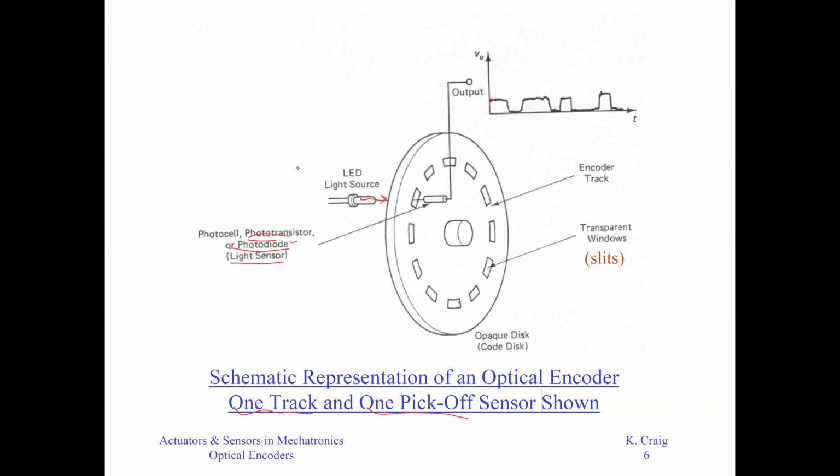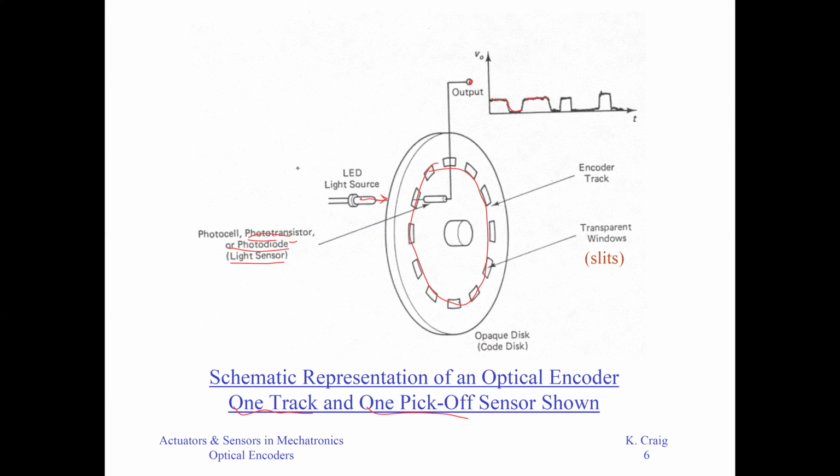You don't have light, it's 0. You have light again. That's my V out. And these are called slits, small windows, transparent to let the light through. This is called one track.